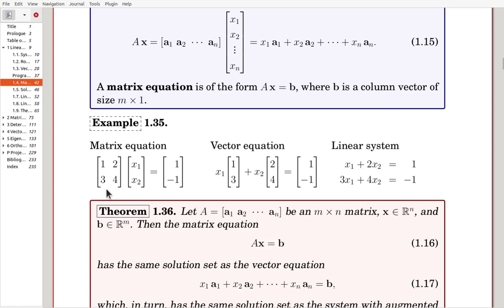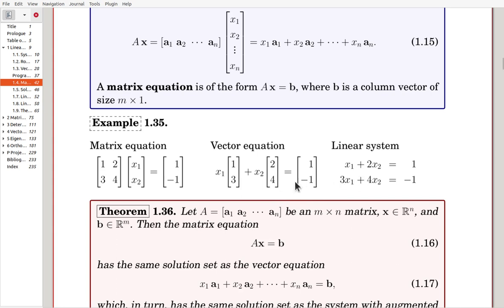This is a matrix equation, with matrix A, X, and right-hand side B. This matrix equation can be written in this form: x1 times the first column A1 plus x2 times the second column A2 equals the right-hand side. Once it is written in this form, it is a vector equation.